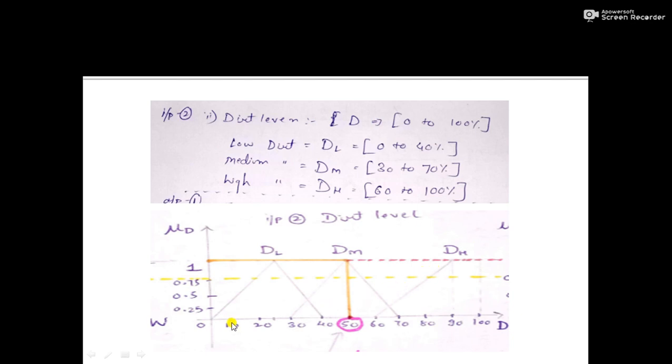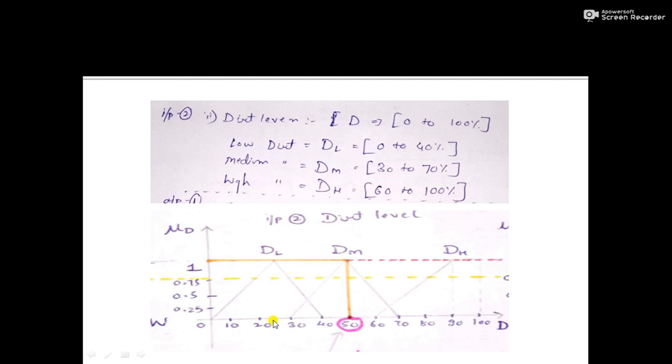Here we can observe, let us say that if our weight is 10 kgs, the fuzzy value for 10 kgs is, we approach here and then it will come to that like this. So it is 0.25. In this case also, if the dirt level is 25%, it goes up. If we plot it on the y-axis, it comes here, and from here it comes to 1.